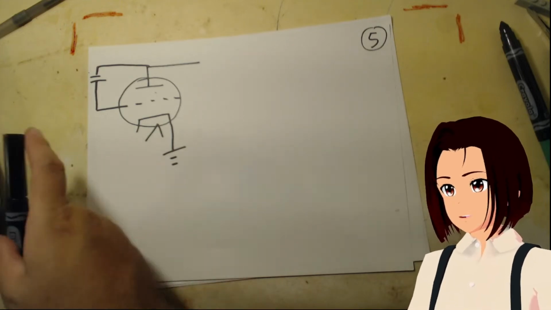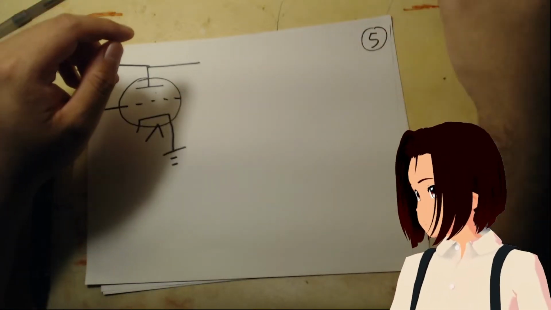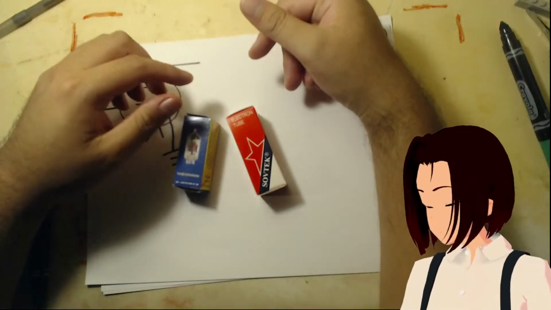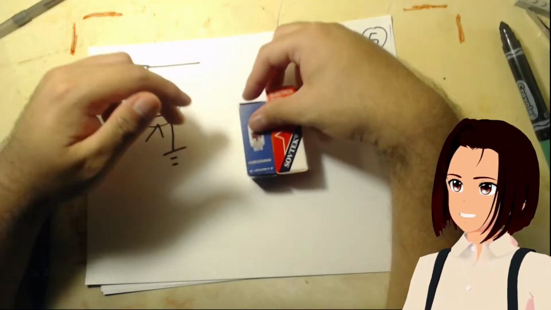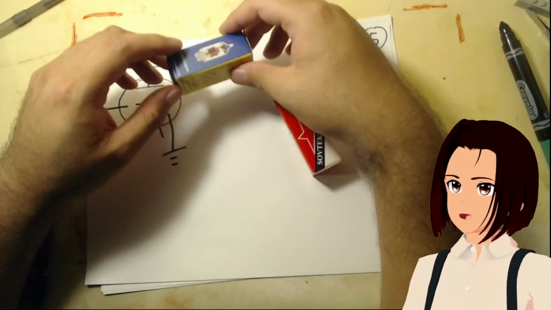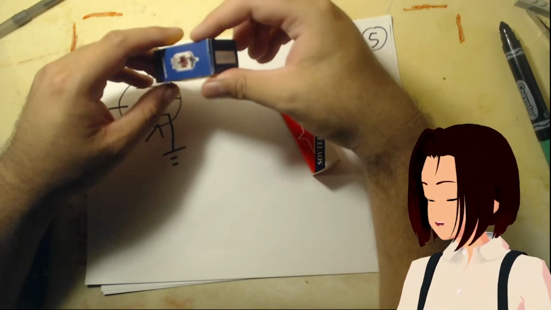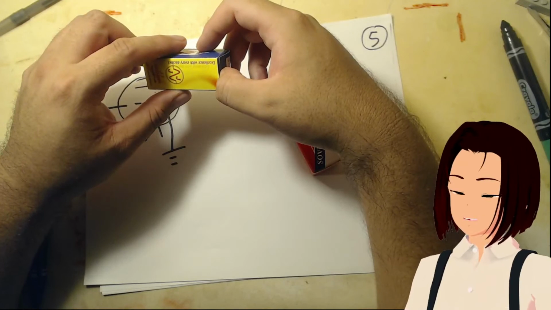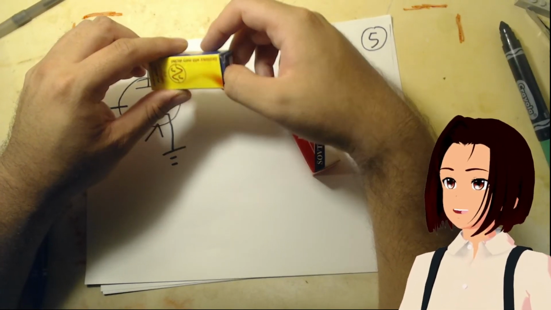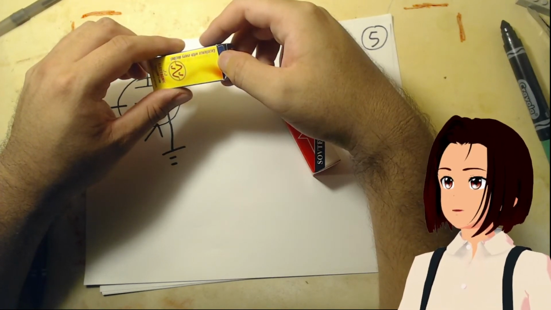So one of the things about triodes is that they have capacitance, which hinders them in some applications. Can't use it in certain applications. And the other thing is that the triode is a very simple electrical component.